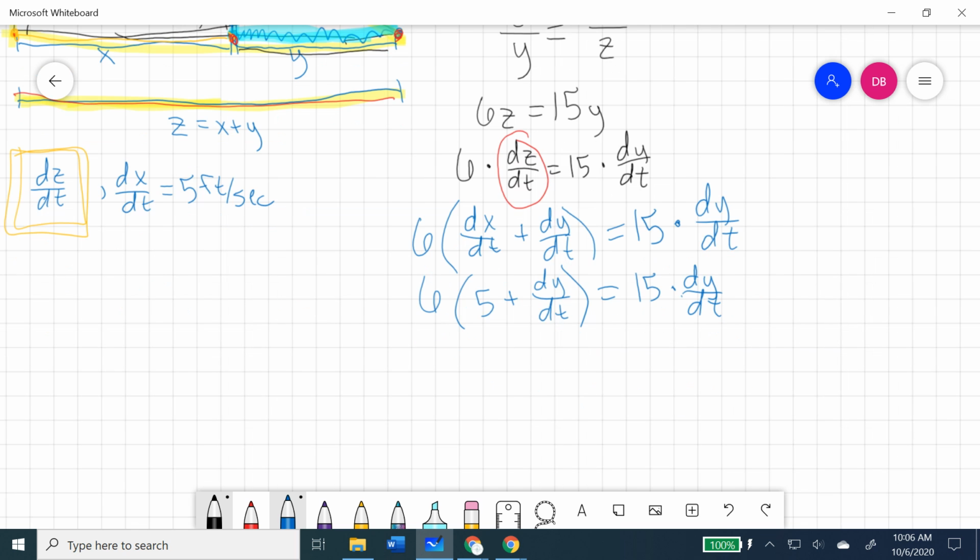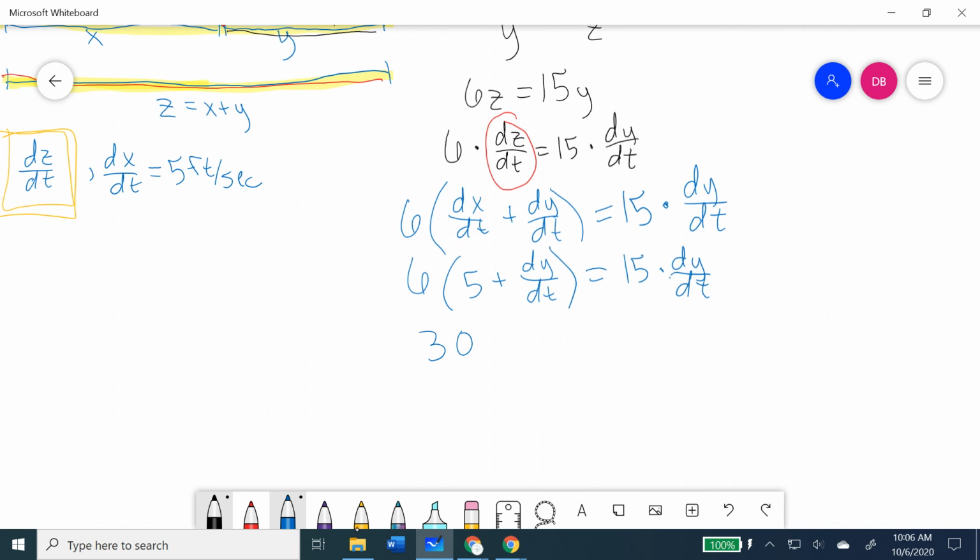So now I have 30 plus 6 times dy/dt equals 15 times dy/dt. And then I'm going to subtract the 6 dy/dt over to the 15 dy/dt to get 9 dy/dt being equal to 30.